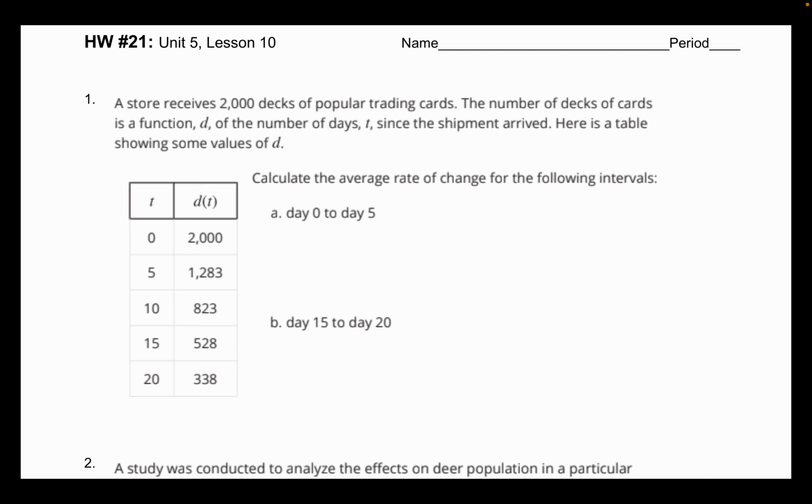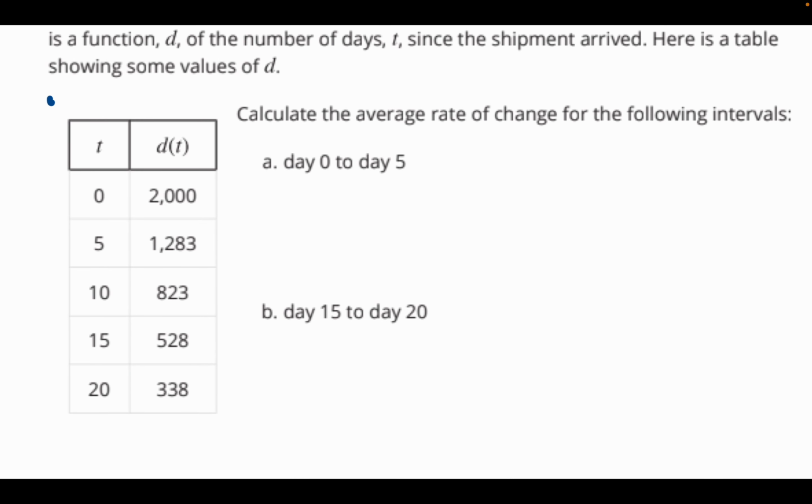From day 0 to day 5, we're going to look here and here. It's not skipping all 5 of these because it goes in chunks of 5. So what we're going to do is take the difference between our inputs and our outputs. The input is going to be T, and then we have our output.